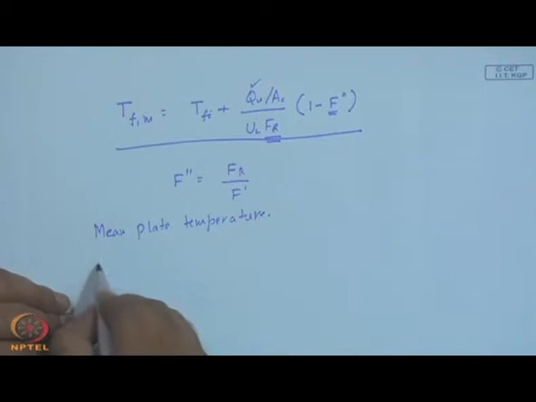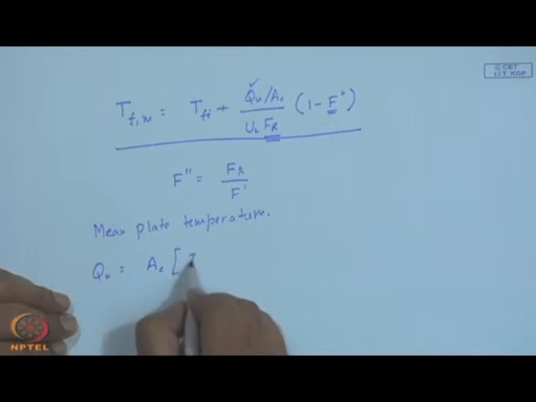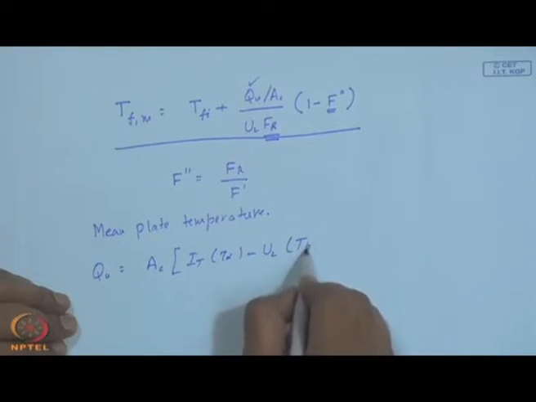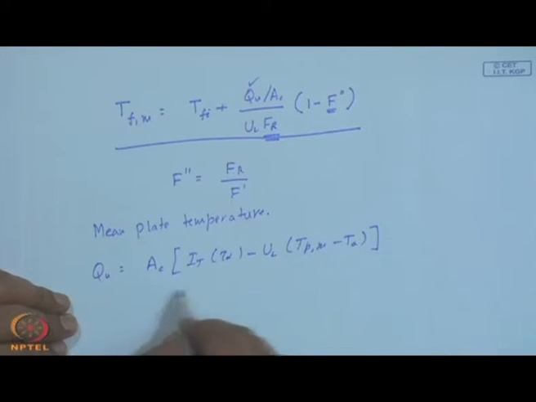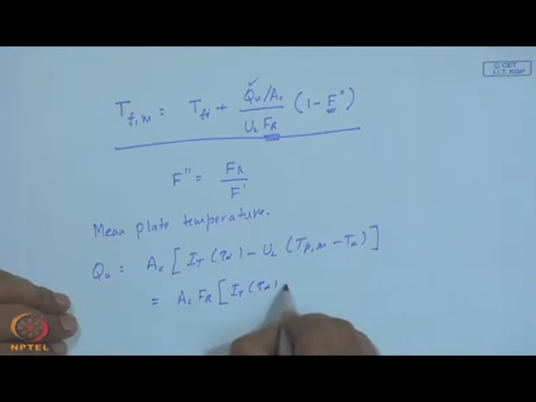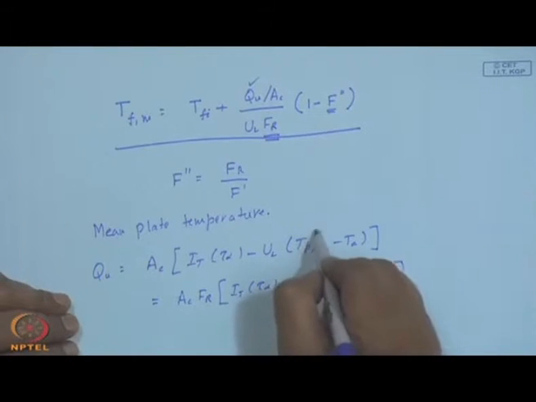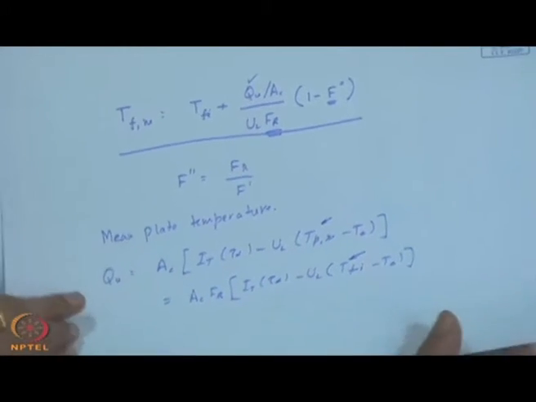And Q u is in terms of the mean plate temperature: I t tau alpha minus U L into T p m minus T a, that should be equal to A c F R into I t tau alpha minus U L into T f i minus T a. Simply the energy gain written in terms of the plate temperature and the energy gain written in terms of the fluid inlet temperature.